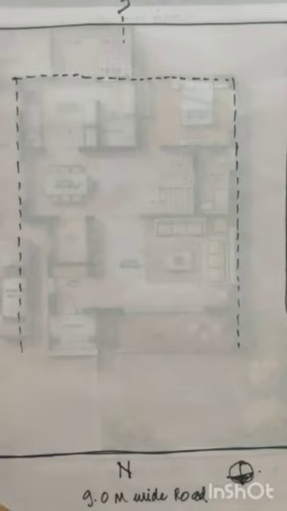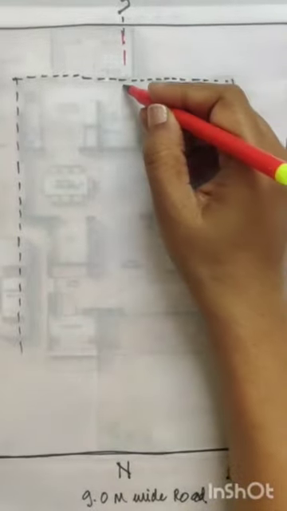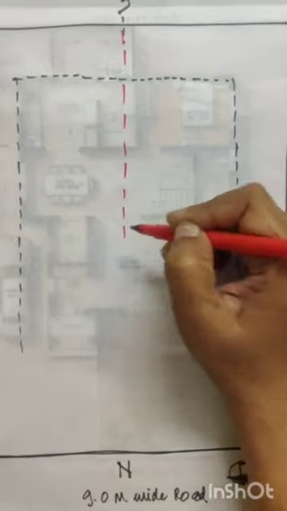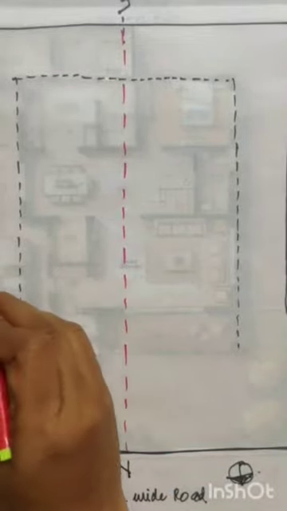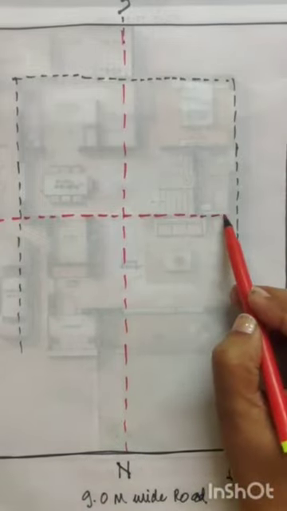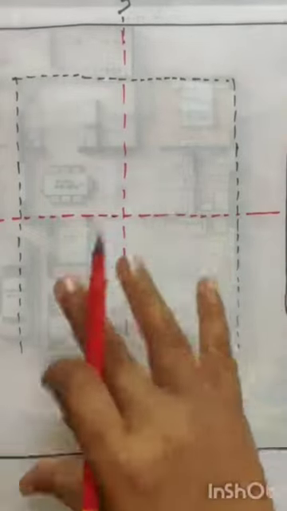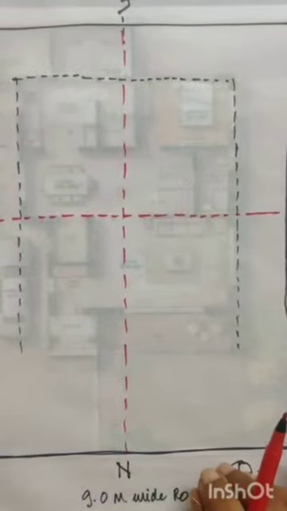As per Vastu, if we divide the plot equally with respect to the length and width of the plot, same will be applicable for the structure area as well.